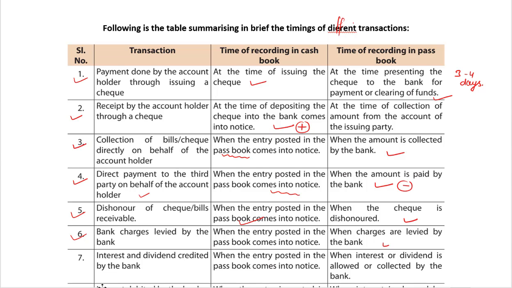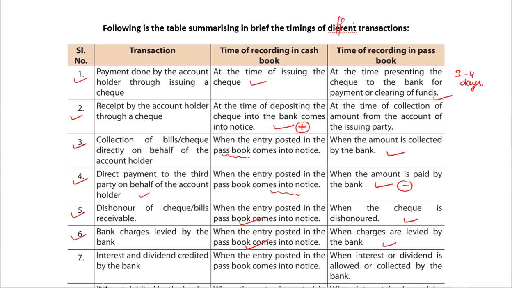As per the passbook, when charges are levied by the bank, the entry will be made in the passbook or in the bank statement. But when the entry posted into the passbook comes to notice, at that point of time the entry will be made in the cash book.